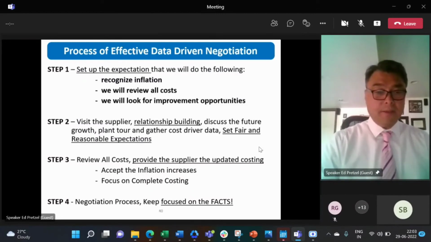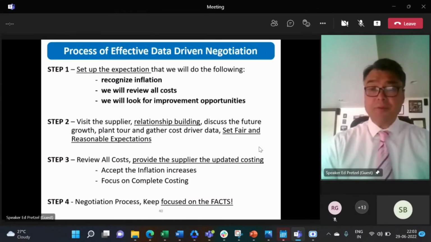So we will then review, and we will cost, just like we've shown you here, the entire product. That is recommended to be provided in full detail to the manufacturer, and let them know that we are supporting them, that we accept their inflation increases, we recognize it as real, but we want to focus on the complete costing.